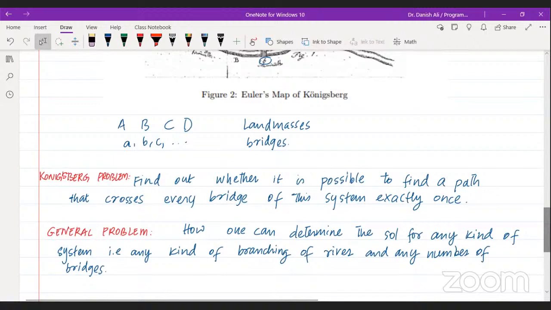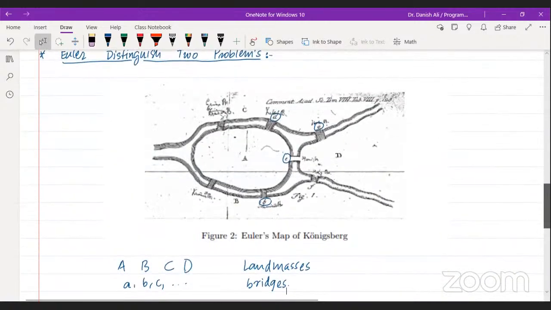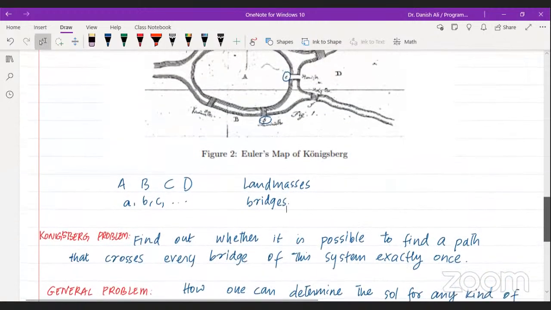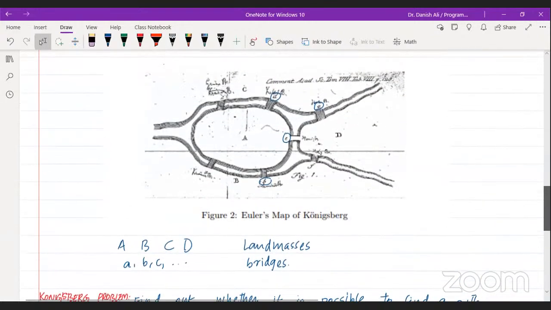So if you have any such system in which there are many areas and many bridges, how can we determine whether we can find a path that crosses every bridge of that system exactly once?